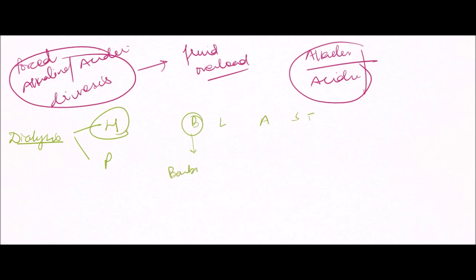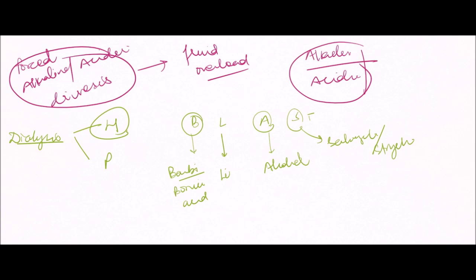barbiturates or boric acid. L stands for lithium. A for alcohol. S stands for salicylate or strychnine.